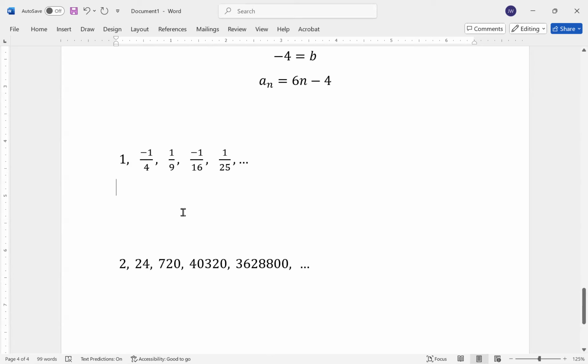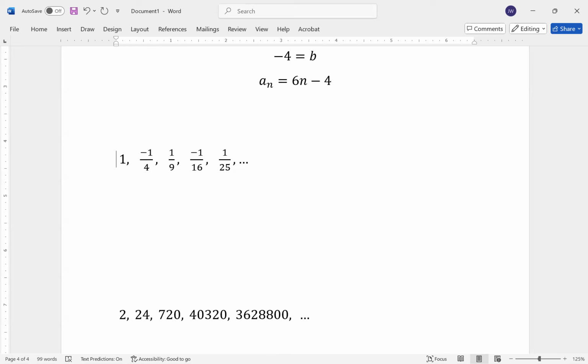This second sequence is a little bit different because first off, we have a 1 over there. I'm going to write that as 1 over 1 to make it a little bit cleaner so that all of our terms are fractions. Now what we can see is that the numerator is alternating back and forth between a positive 1 and a negative 1.